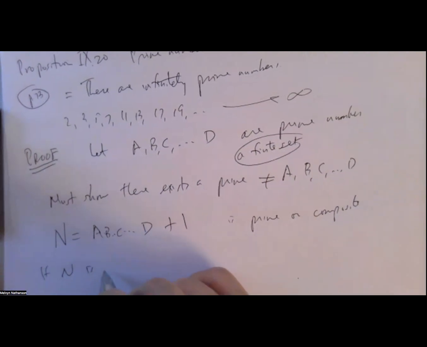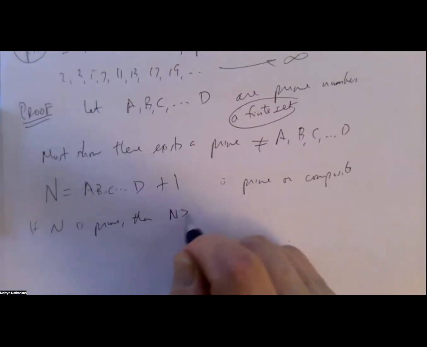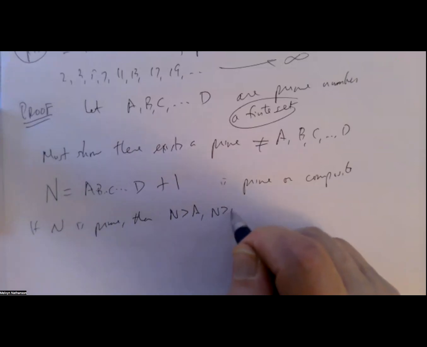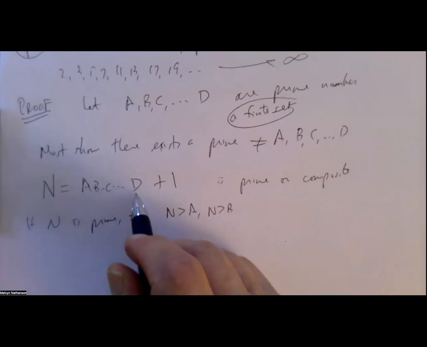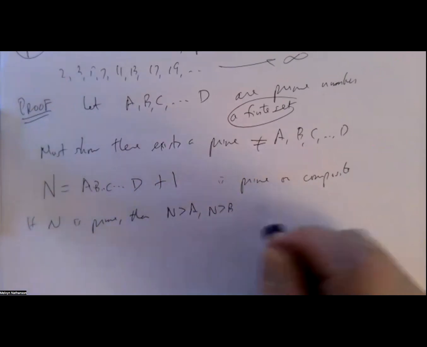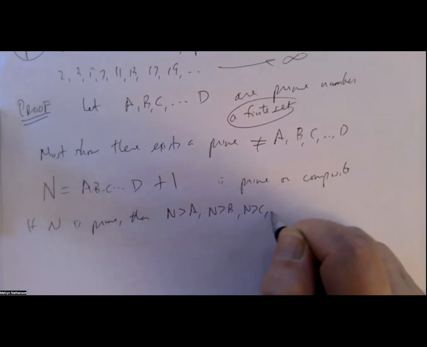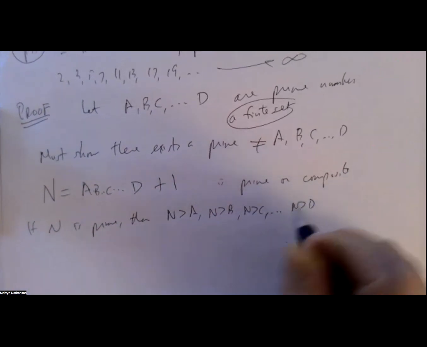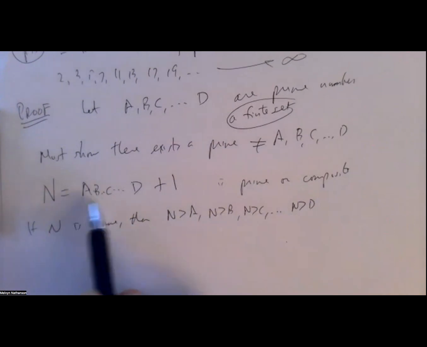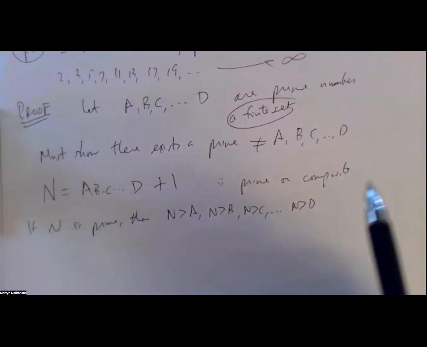If n is prime, then n is certainly bigger than each of these numbers A, B, C up to D, because it's this product plus 1.